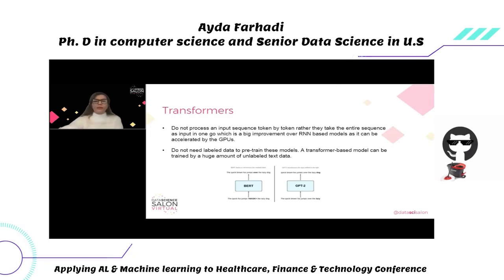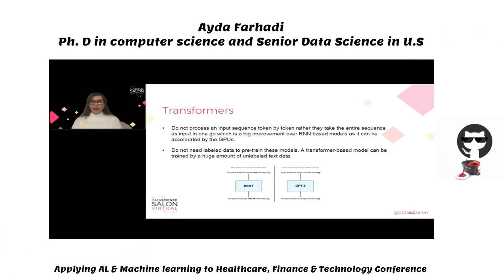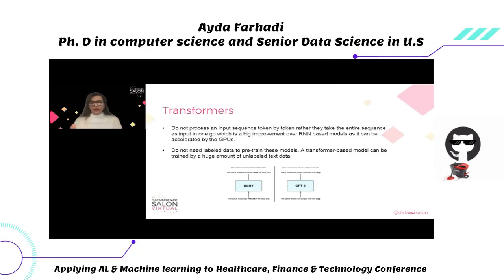So the problem, as I explained, for the transfer learning was we didn't have a labeled data set for NLP models. BERT is trained on an unlabeled data set. It is trained on more than 2,500 million words from Wikipedia and more than 800 million words from books.